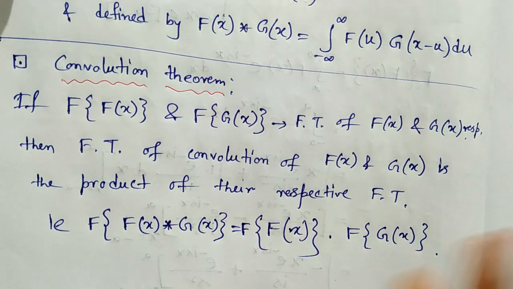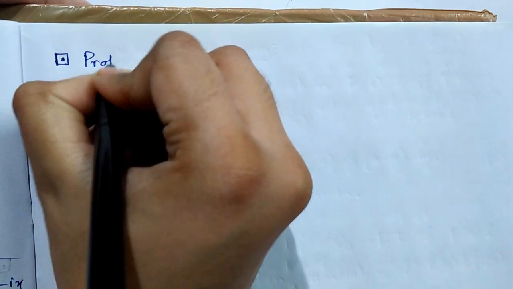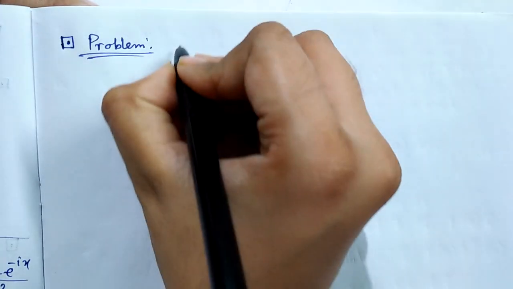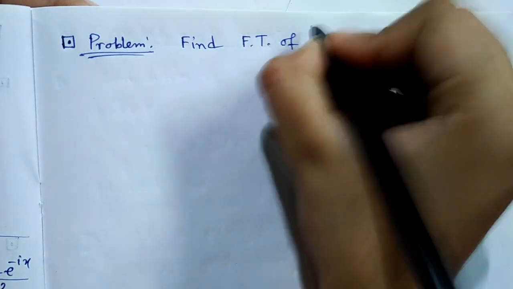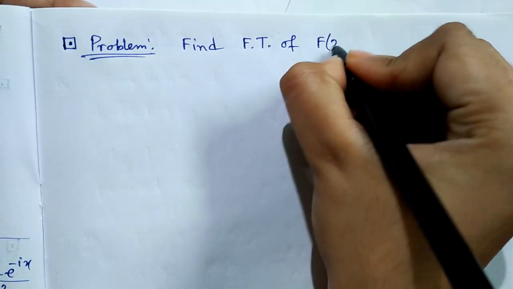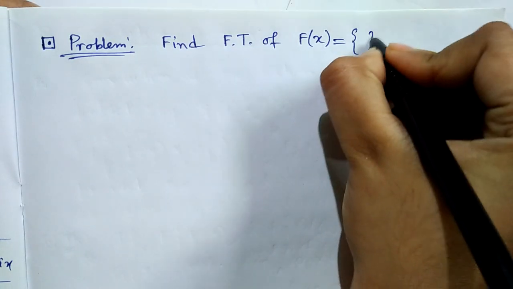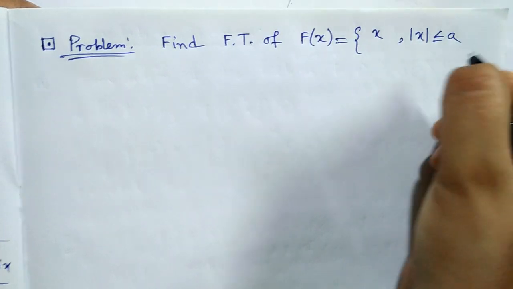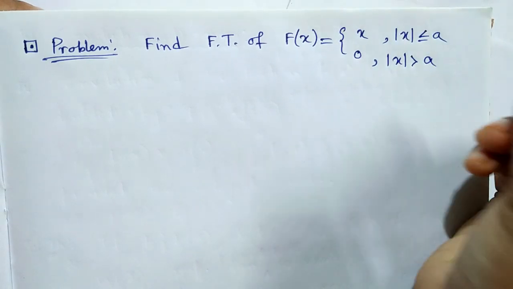So next we come to a problem. Find the Fourier transform of a function which is defined by f(x) equal to x for mod x less than or equal to a and 0 for mod x greater than a.